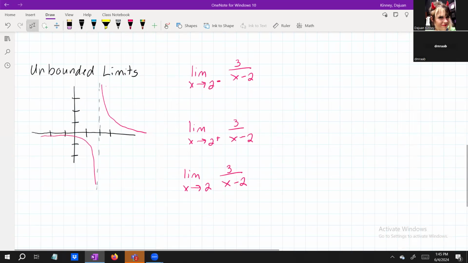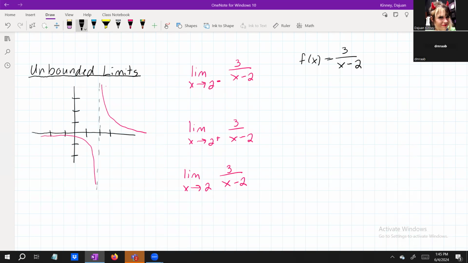All right. Our last bit are unbounded limits. So I drew a function here, which is our f of x, the thing that's written down there: 3 over x minus 2.